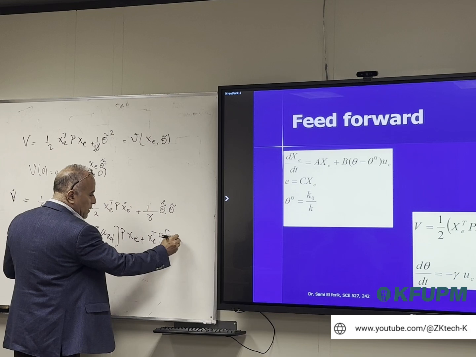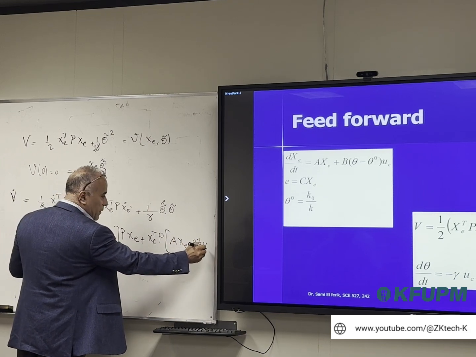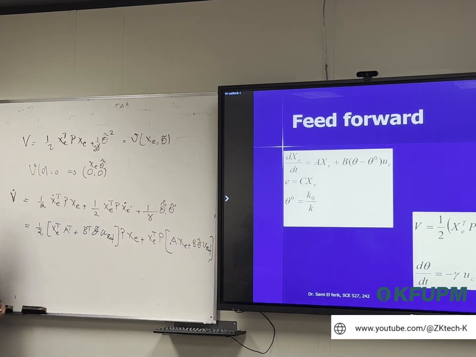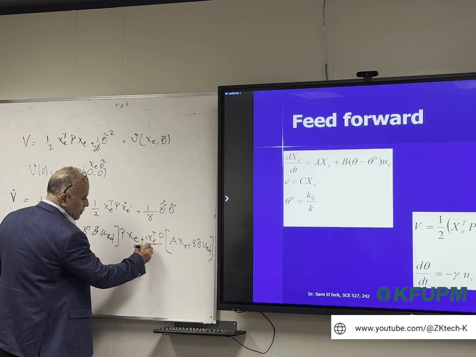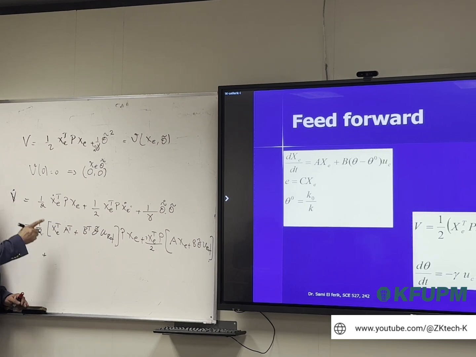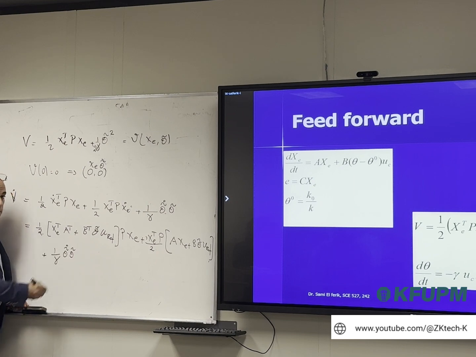So A times xe plus B theta tilde times U reference, that you have here. Half, plus the last term, which is 1 over gamma multiplied by theta tilde prime multiplied by theta tilde. You agree with this?